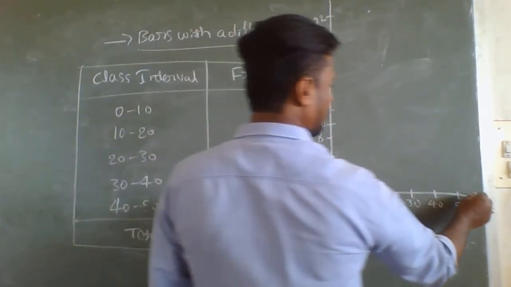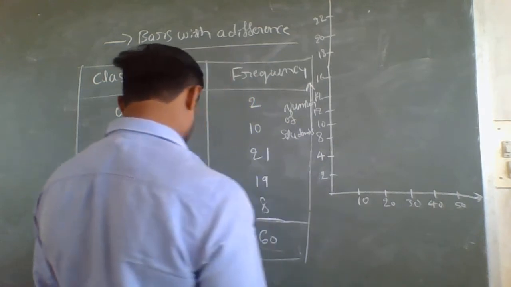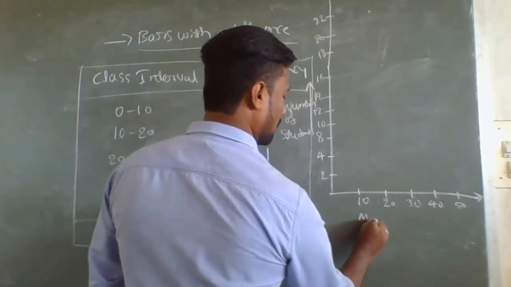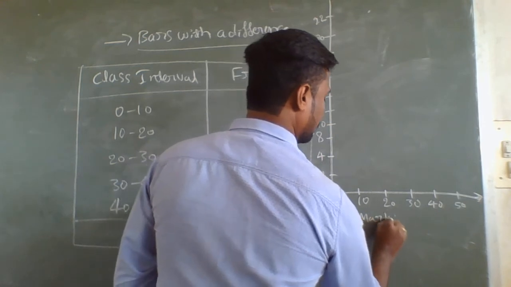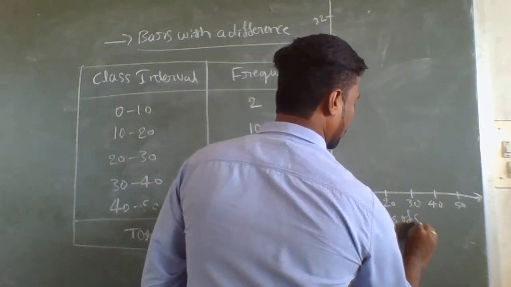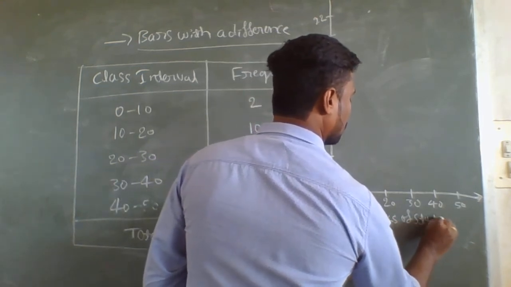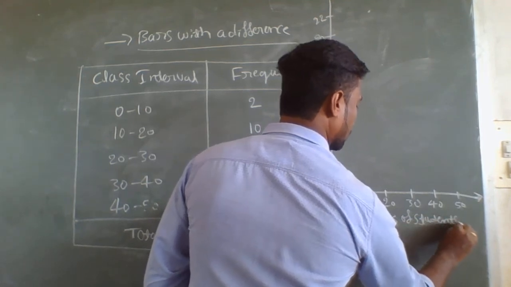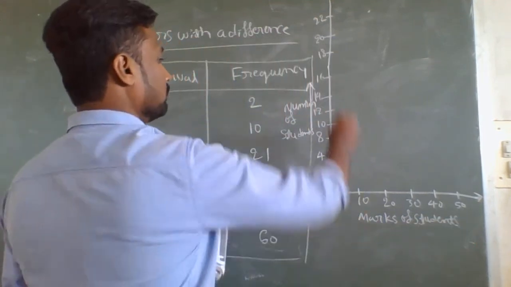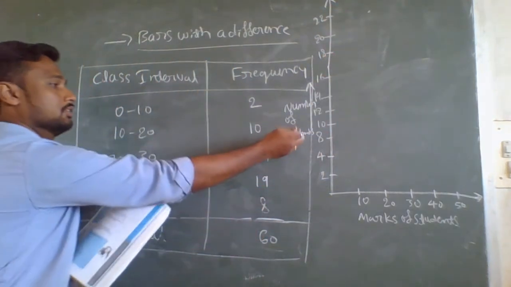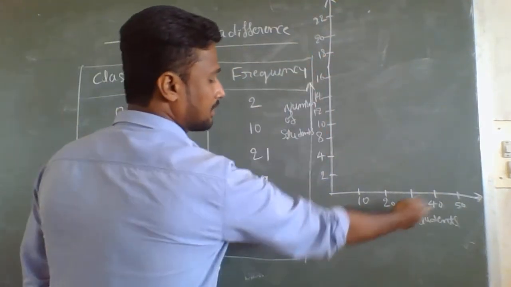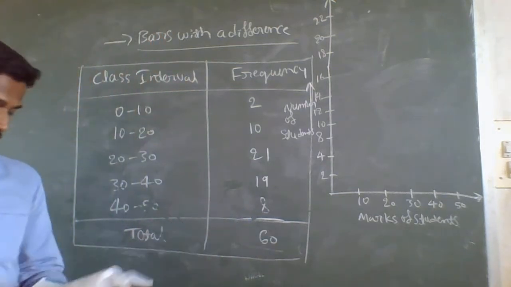The test was only for 50 marks. So this y-axis indicates the number of students, and this indicates the marks of the students.